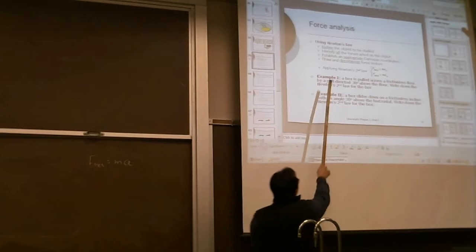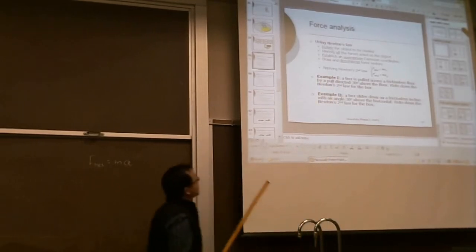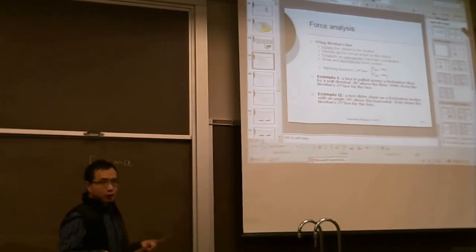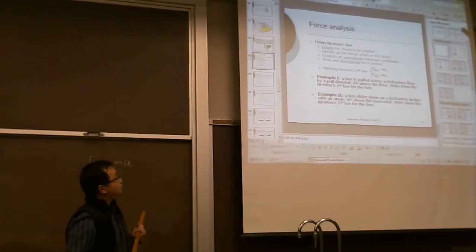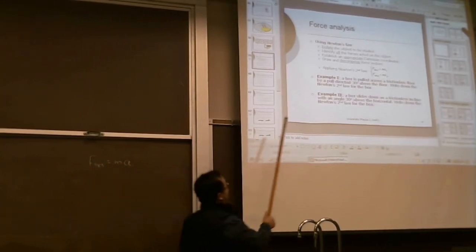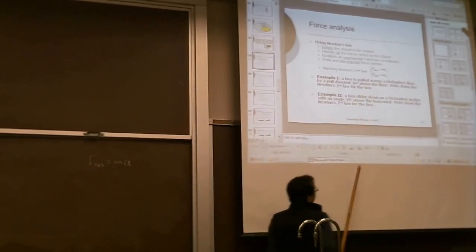And then you want to establish an appropriate Cartesian coordinate system, so you can plot all these forces and decompose them into x and y directions.